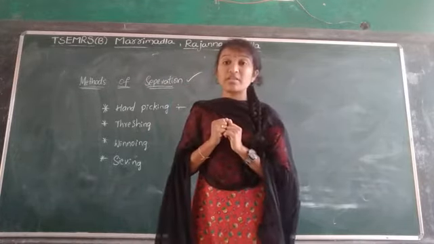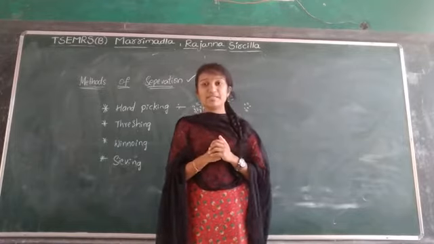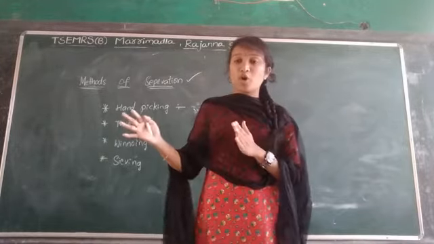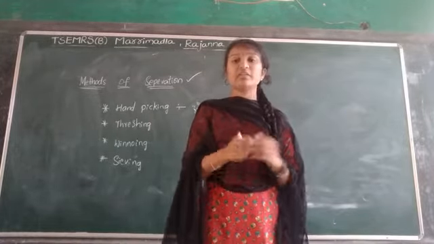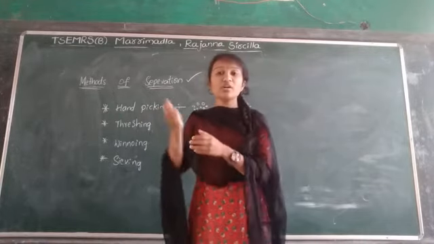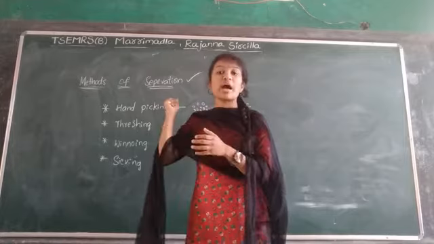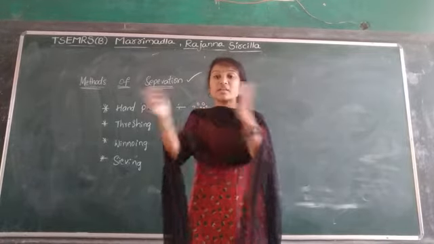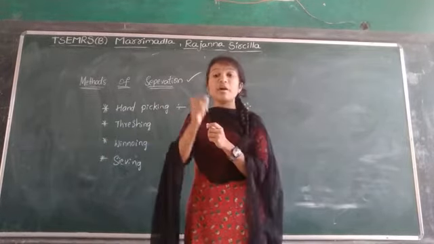So the method followed by the farmers is, when the crop is ready for harvesting, they take it and thrash it against a hard stone or hard ground so that the grains scatter from the plant part.